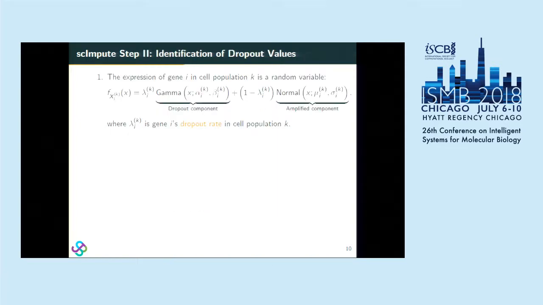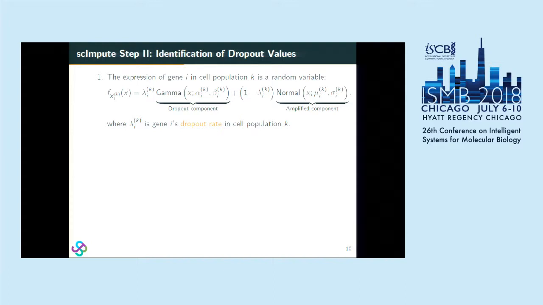Then in step 2, to identify the dropout events, we use a mixture model to describe the bimodal feature of gene expression. For gene I in cell population K, we use a gamma distribution to model the dropout component, and we use a normal distribution to model the correctly amplified component.